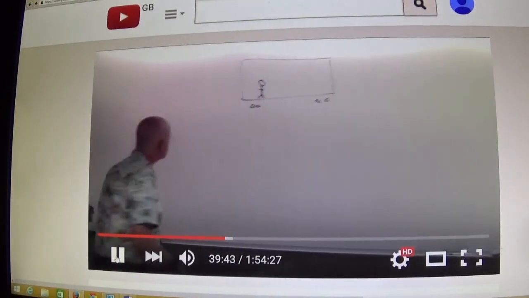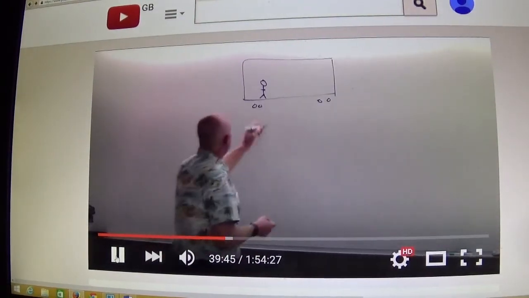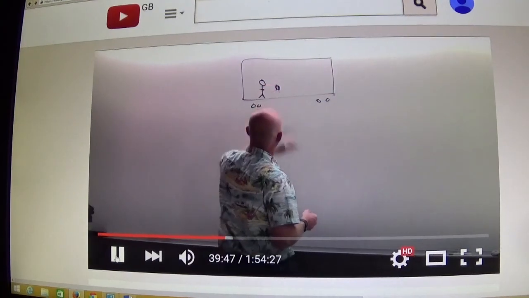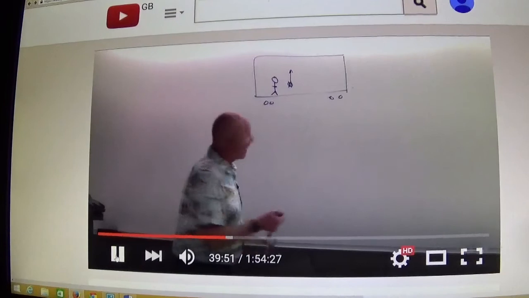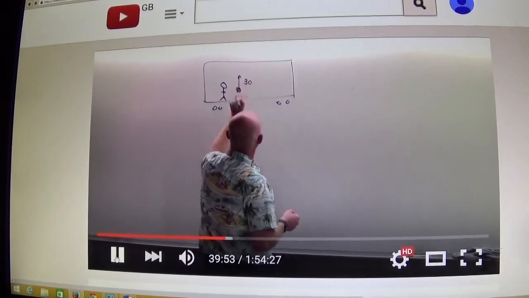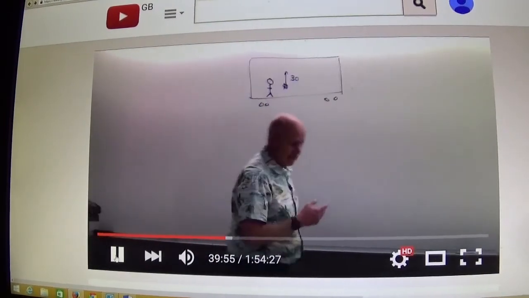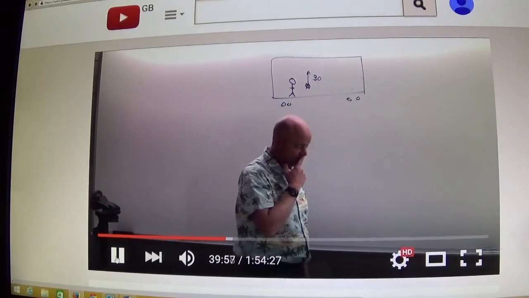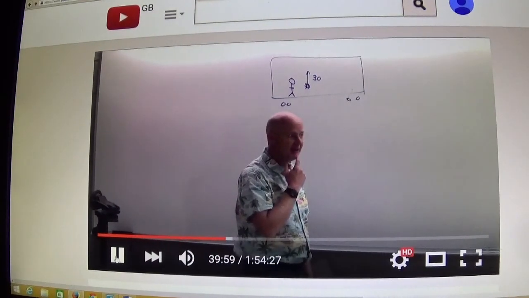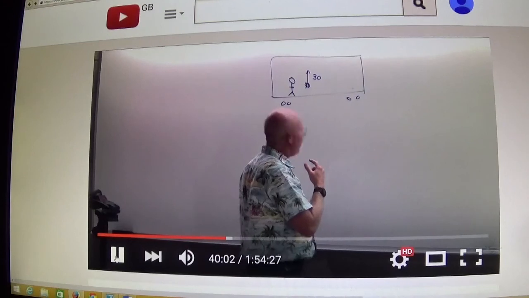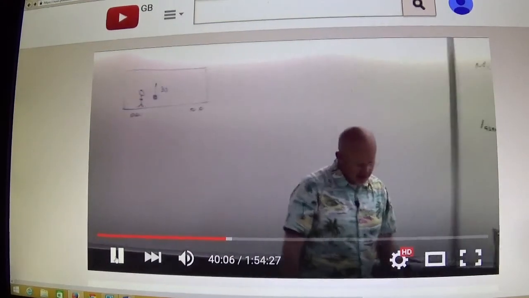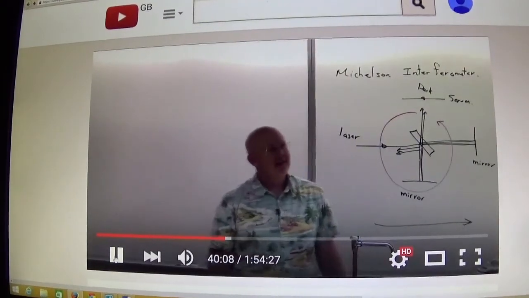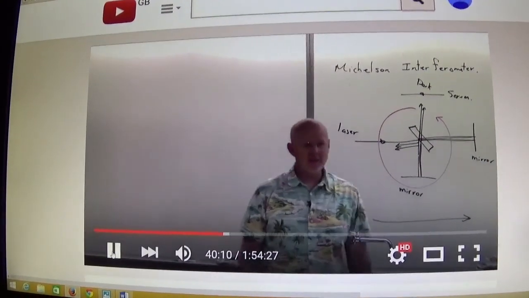All right? Now, if I'm in the train, and for simplicity, let's say I take a ball and I throw the ball straight up. Just to make some round numbers, let's just say I throw it up at 30. Well, that's what I was basing on the units. I was going to say 30 meters per second, but, well, that'd be about 66.